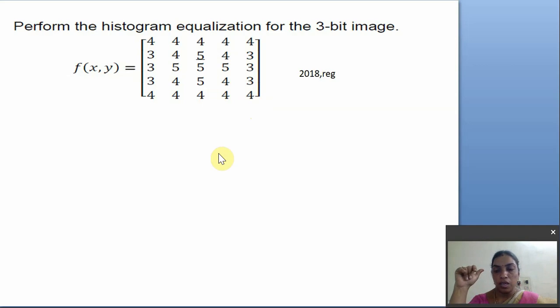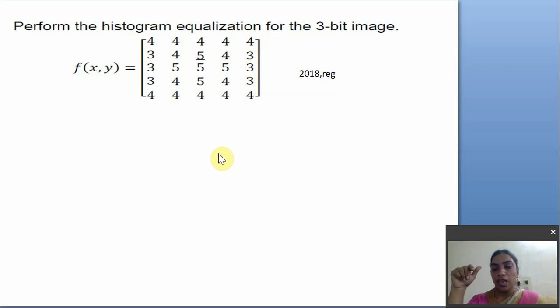After finishing the third column, draw the histograms for the input image: first NK versus RK, and the second PR of RK versus RK. Draw the two graphs. Then apply the histogram equalization transformation, that is L minus 1 times the cumulative summation of PR of RJ, and find the SK value.